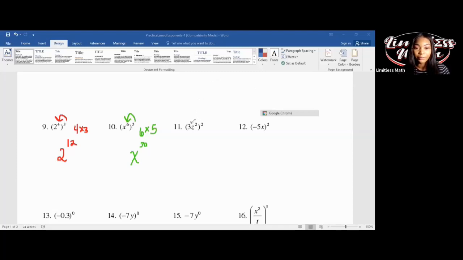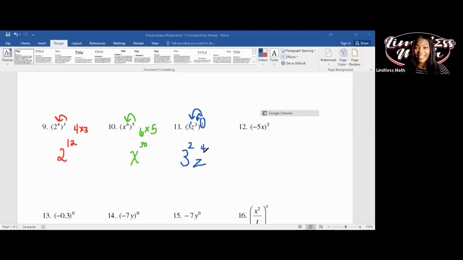I'm just going to make it visible. Okay, now everything in the parentheses has an exponent. That way I won't make the mistake of forgetting it. I put the 1 there so it stands out to me that I need to distribute this upper level exponent, multiply it by all the lower level ones. Okay, so now I know I keep my 3, and then 1 times 2 is 2. Keep my z, and then 2 times 2 is 4. That's power of a power.